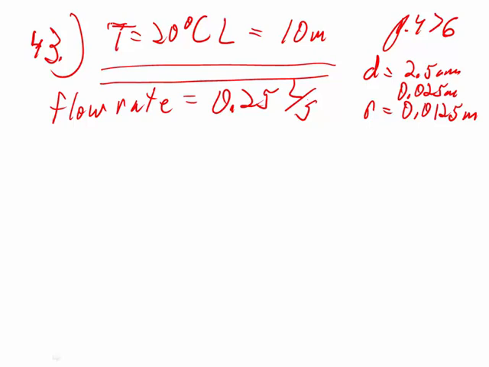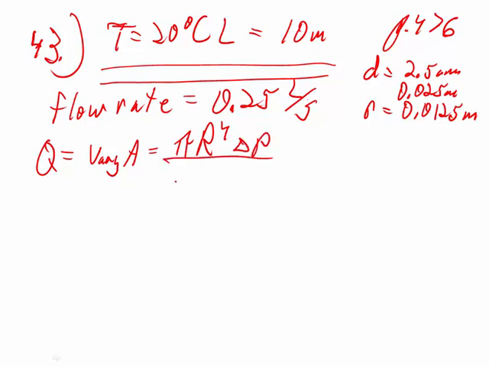It's 13.16. Okay, so basically flow rate, Q, which is equal to the velocity average times the area, is equal to pi, the radius to the fourth power, times the change in pressure, divided by 8 times nu. Well, I'm sorry, I told you the wrong thing.